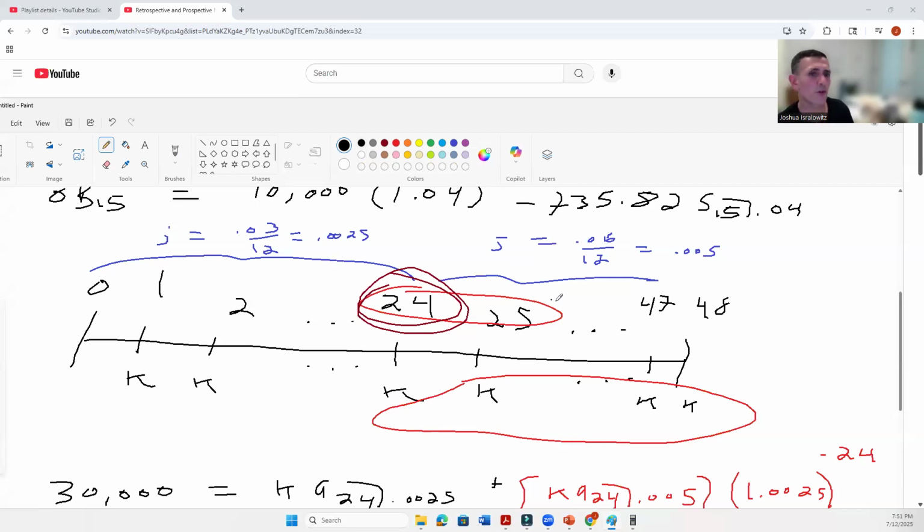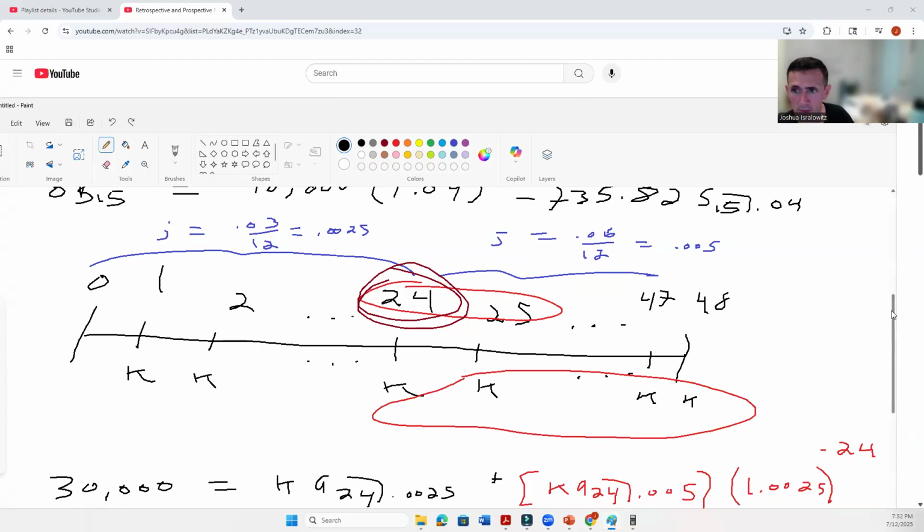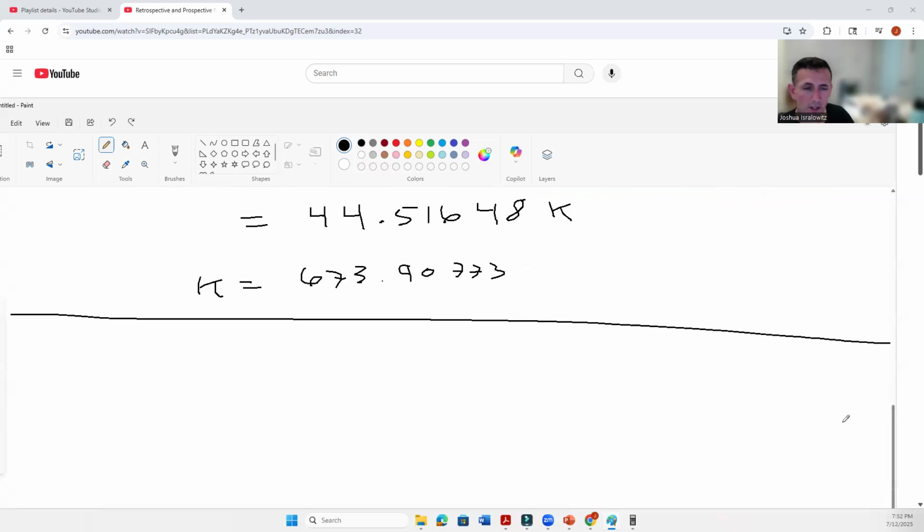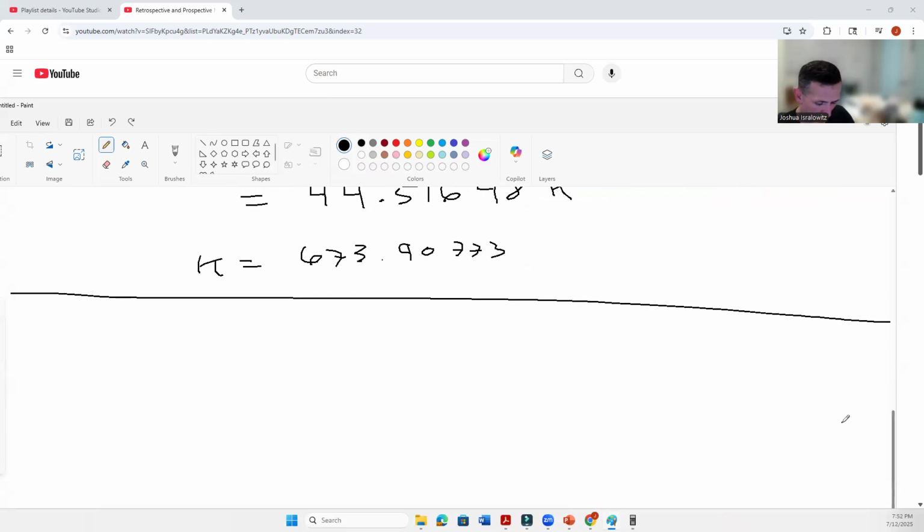Yeah, so we can use both formulas for this, and it's good to check in particular that you can use both formulas. We do have a constant interest rate of J for the first 24 periods. We have a constant interest rate of 0.05 for the last 24 periods. So both formulas work. Probably easiest to do the prospective method.